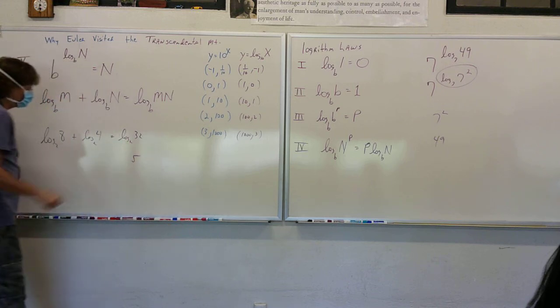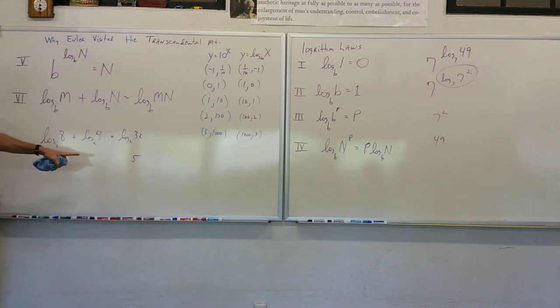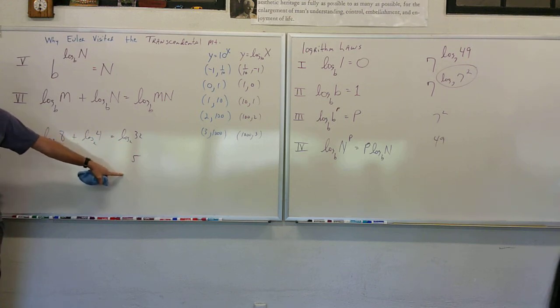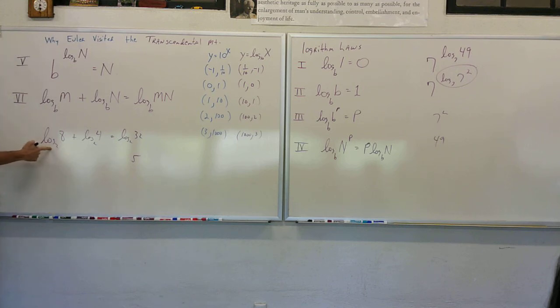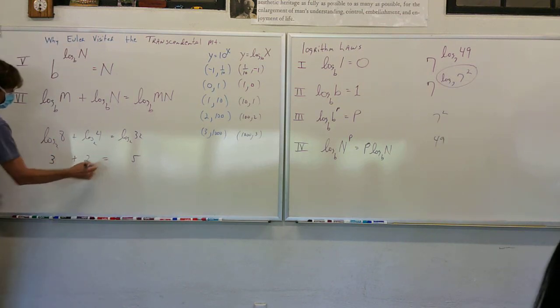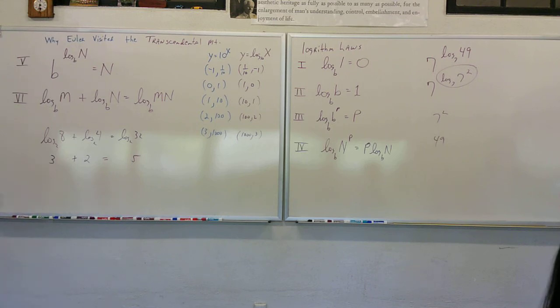So that should be a 5. Does everybody agree that should be a 5? Log base 2 of 32 is what? 5. Well, if you do log base 2 of 8, that equals 3. Okay? And what does log base 2 of 4 equal? It equals what? 2. So you do get what? 5 equals 5.